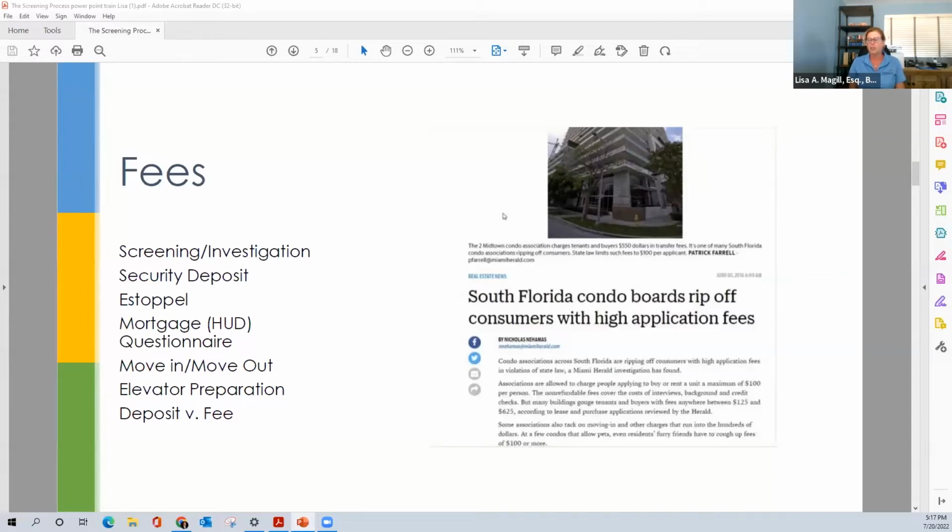What about mortgagee questionnaires? If you've been following anything that's going on in the news, you know that Fannie Mae, Freddie Mac, and the GSEs have completely revamped their mortgagee questionnaires to ask all kinds of intrusive questions that you may not be capable of even answering, because a lot of it requires some speculative information.